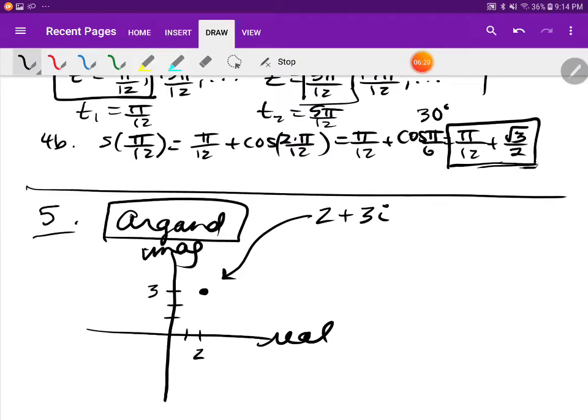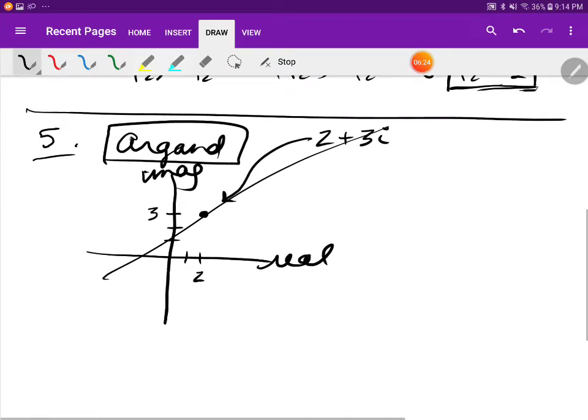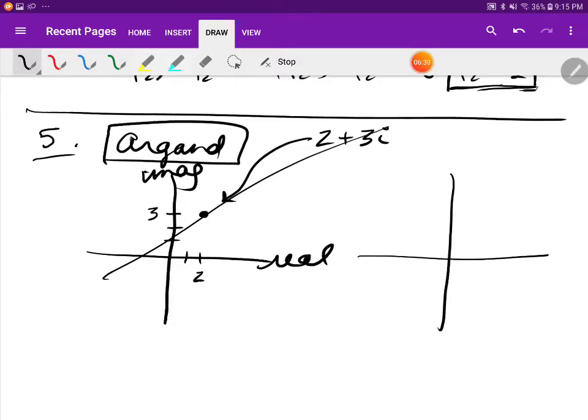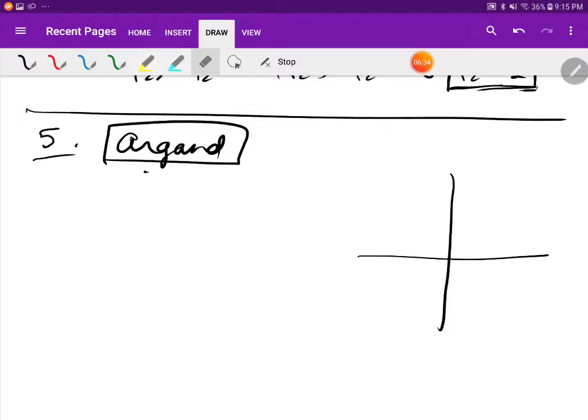Okay, now that's not this question specifically, so let's graph this question specifically. Let me write this neater here. So A is related to the complex number -1 plus 4i.